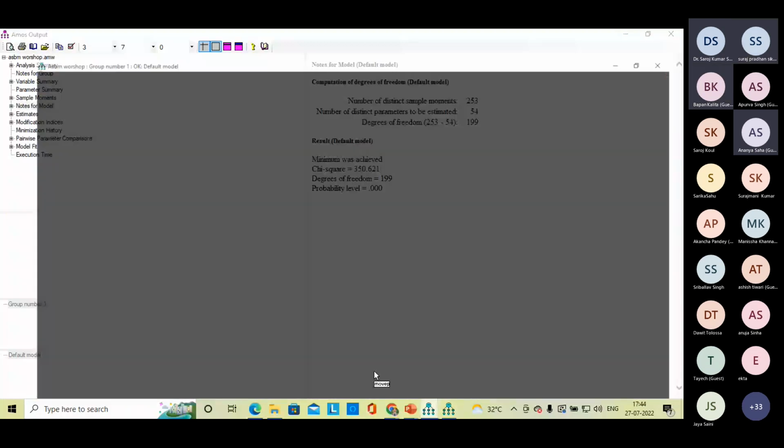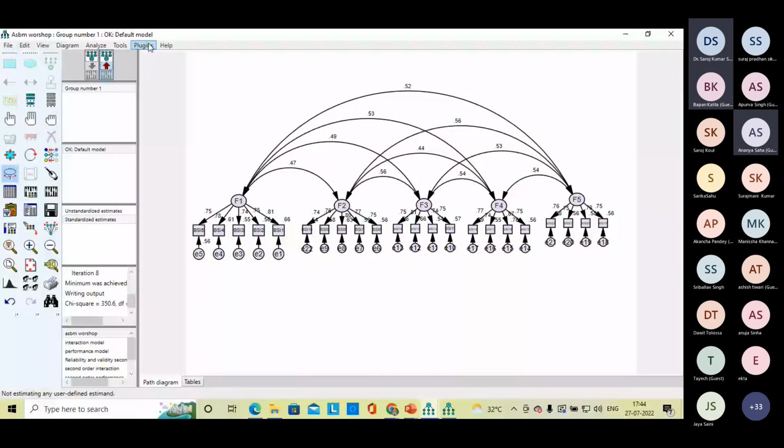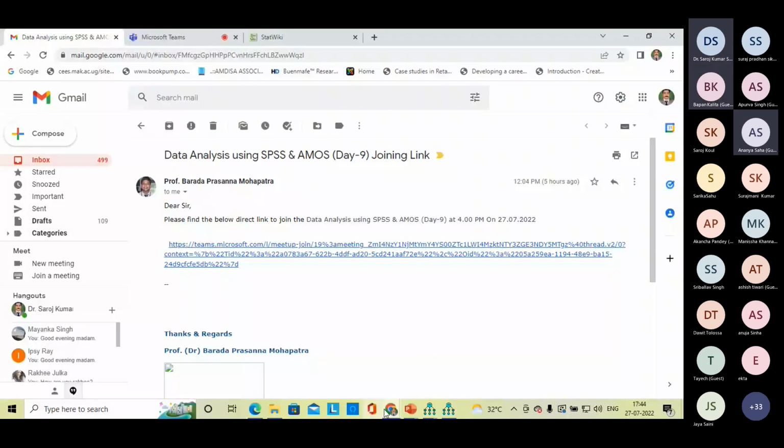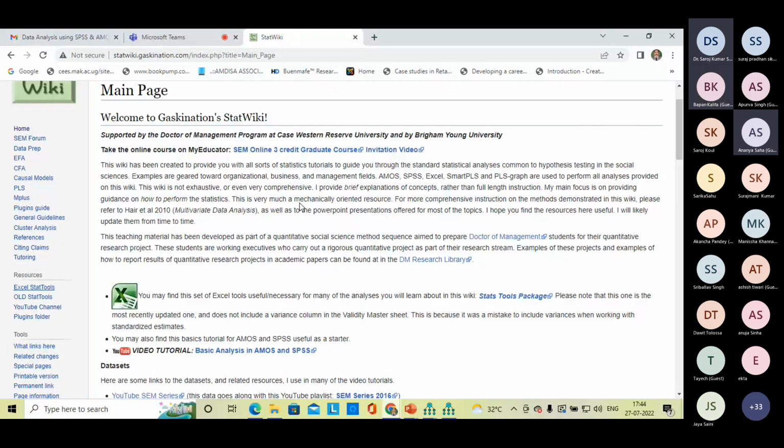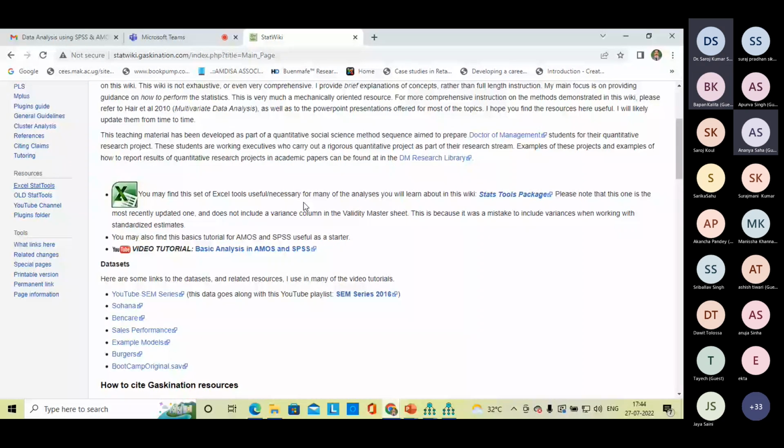Now look at here. Another way of doing, I'm saying. Go to the same Gaskin URL and download. There is a plugin folder.